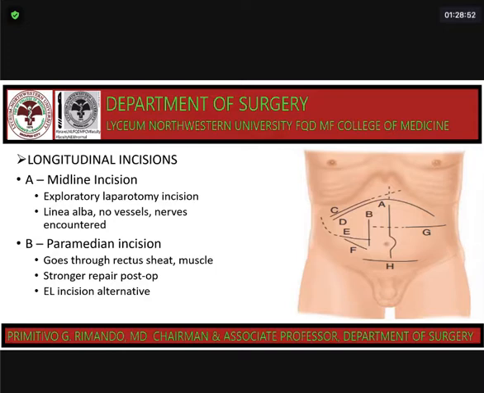You have to think of treating the problem first, the liver.